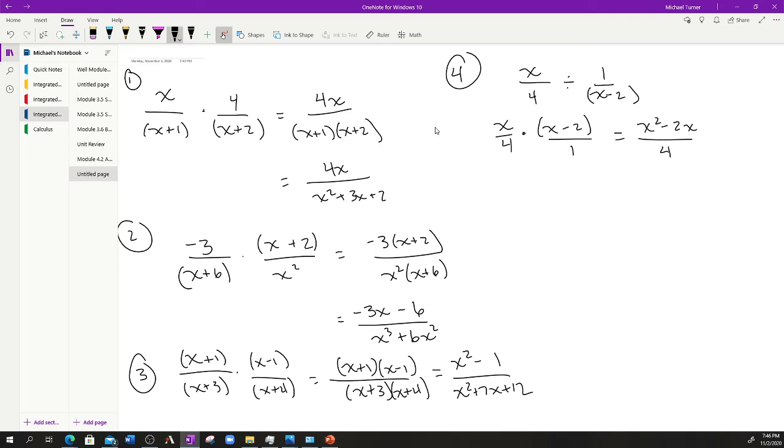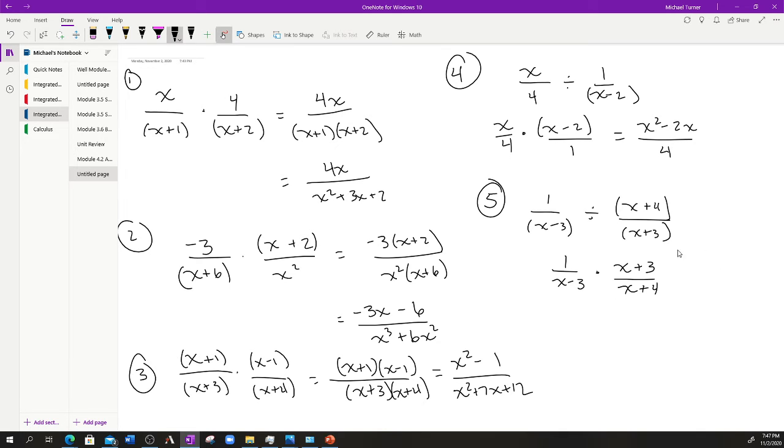Keep, change, flip. And number 5, say 1 over x minus 3 divided by x plus 4 over x plus 3. So same thing, I'm going to do keep, change, and flip. I'm going to follow the rules of what's written out in the instructions.